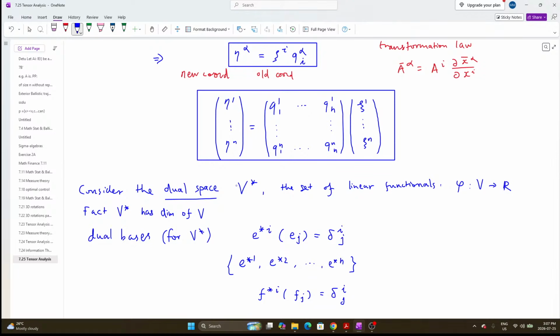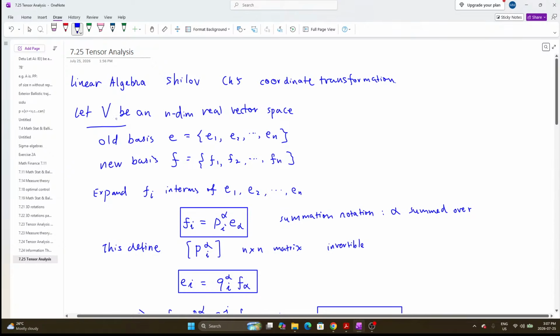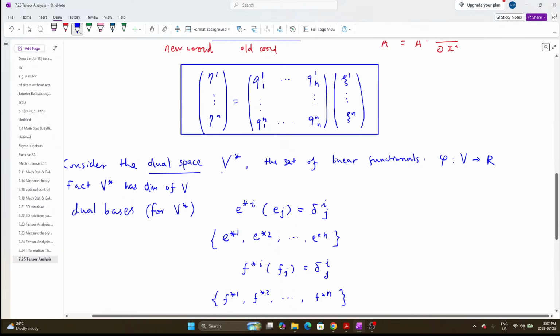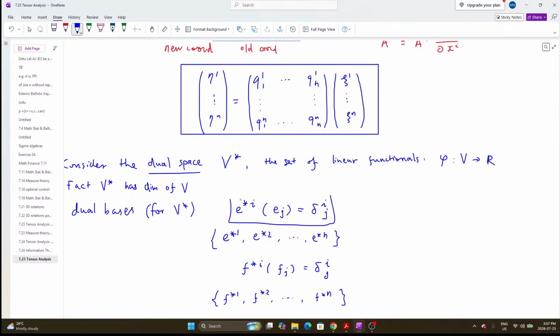Does that make sense? There are only two free choices here, okay? So for a given vector space V, the old and the new basis e and f can be arbitrarily chosen. But once you have done that, V star, the space, and the dual bases, e star and f star, are both determined by these relations. So these aren't arbitrarily chosen.